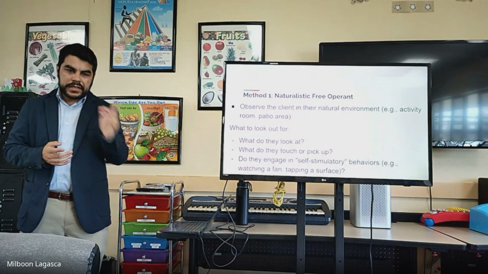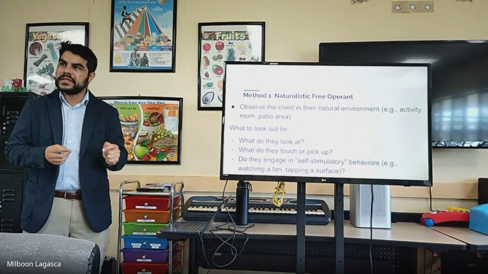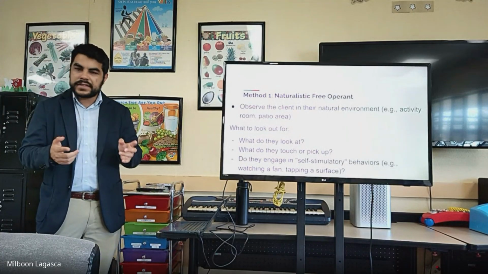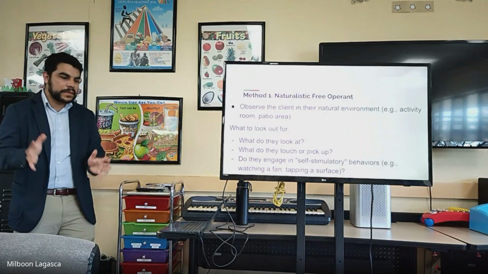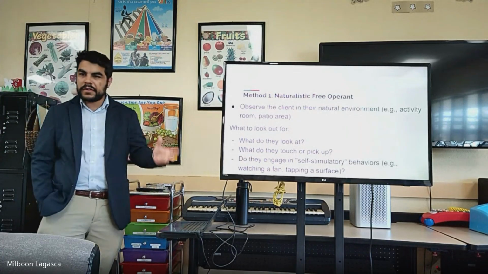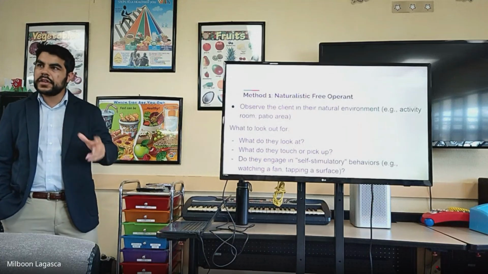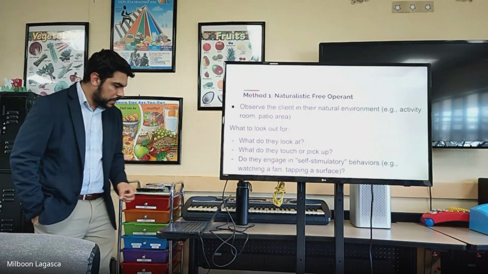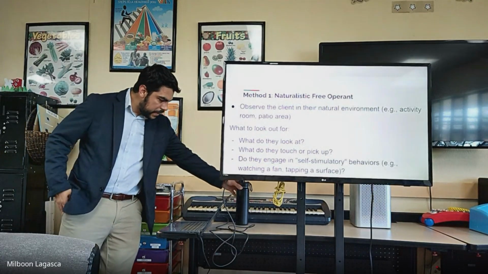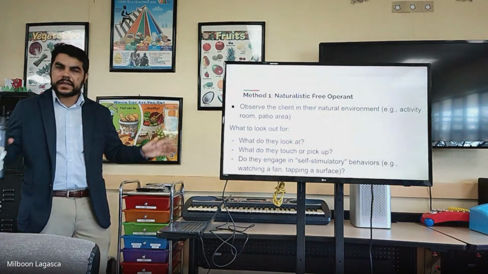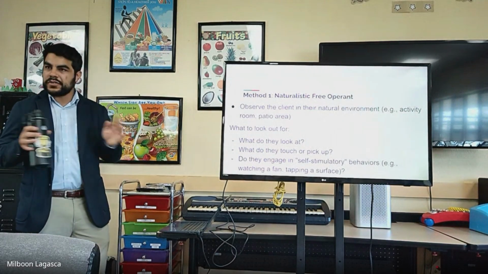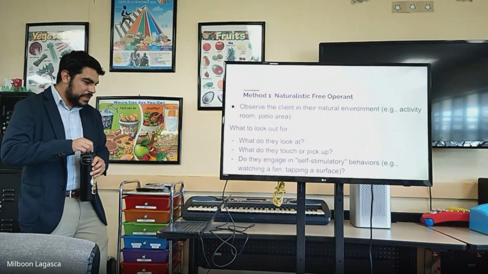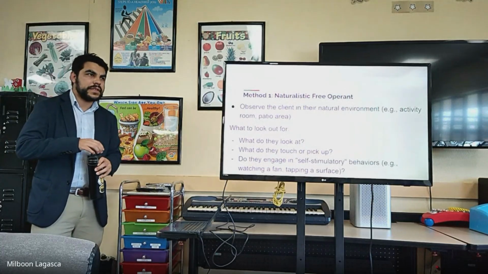If they're attending to it, or if there is some joint attention where they're drawing your attention to it through their gaze, you might be onto something. If they're messing around with it, or showing any curiosity at all, it could be worth looking into. And this is happening completely naturally, not contrived. We do have a contrived method in just a moment, but this is the easiest one to implement.